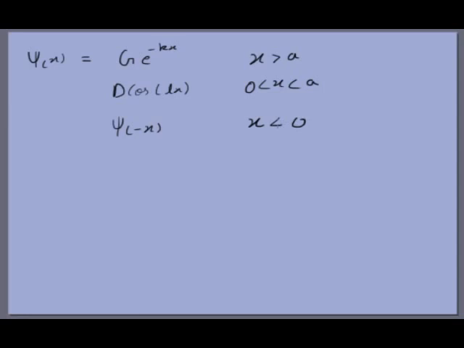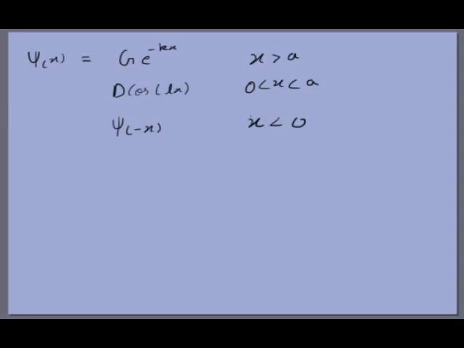So we can write psi of x in a slightly better form, and that is G e to the power minus kx for x greater than a, D cos Lx for x between 0 and a, and then symmetric about x is equal to 0, so the same as this, psi of minus x for x less than 0.